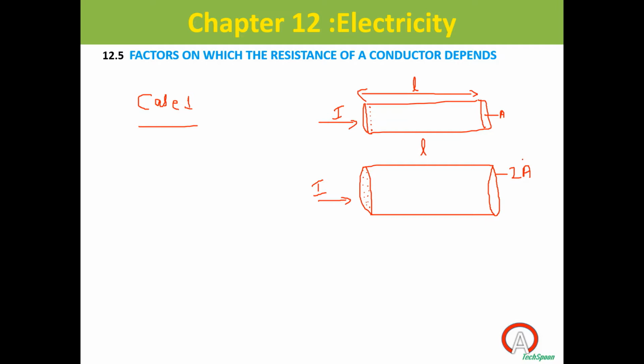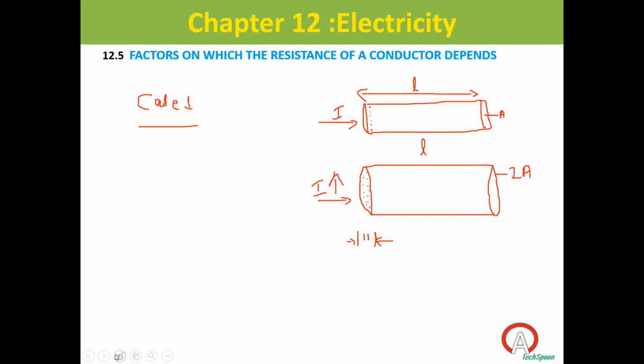So when I am making the area of cross section 2A from A, the amount of charges flowing through this cross section in unit time, that is in 1 second, will be more, right? So if electric charges per unit time is more, means current is increased.